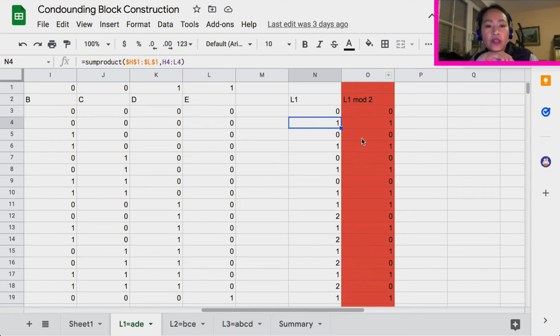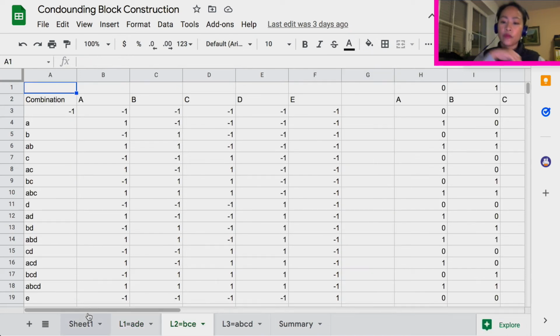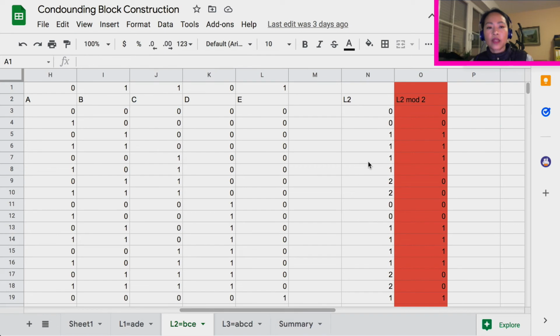This column shows the L1 modulus 2. Now, we can do the same thing for L2, where L2 is x2 plus x3 plus x5, because we confounded the interaction BCE. And then this would be the values for that.